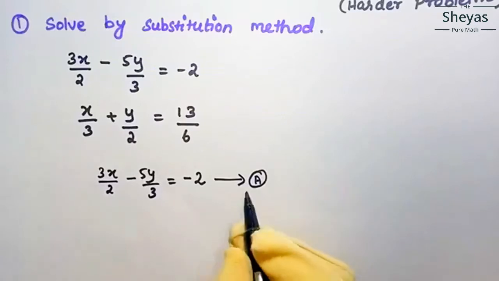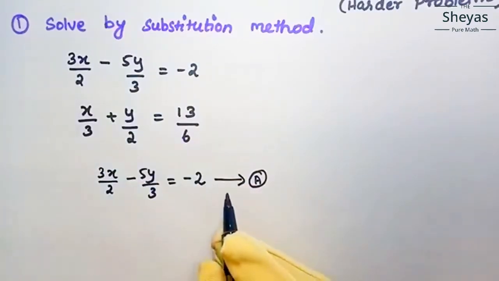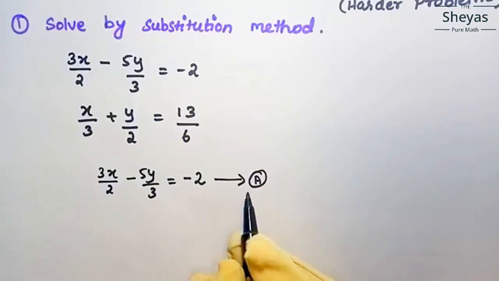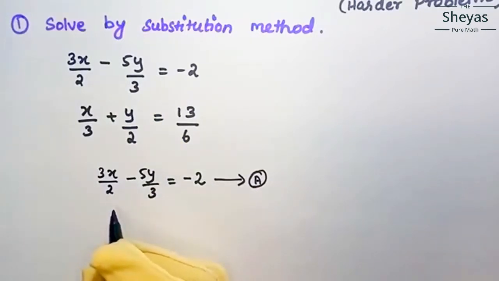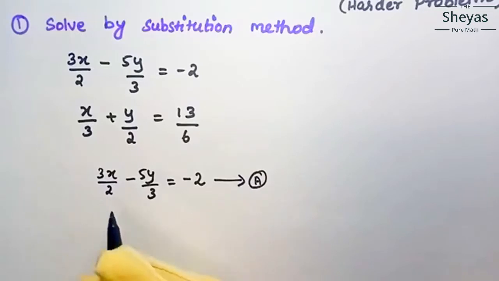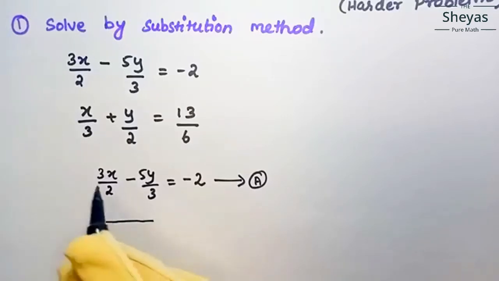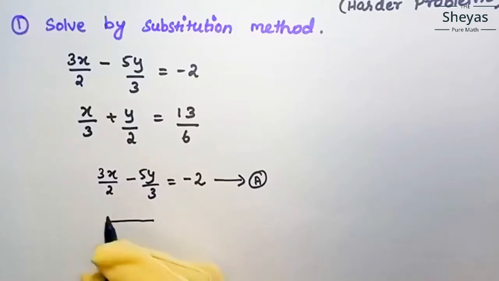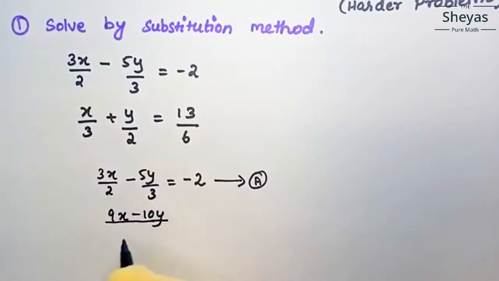Now, I am marking this as A. I am writing the first equation, and I am marking this equation as A. Now, I am taking the LCM, that is, I want to make it a common denominator. So, here you can simply cross multiply. 3 3s are 9x minus 5 2s are 10y by 6.